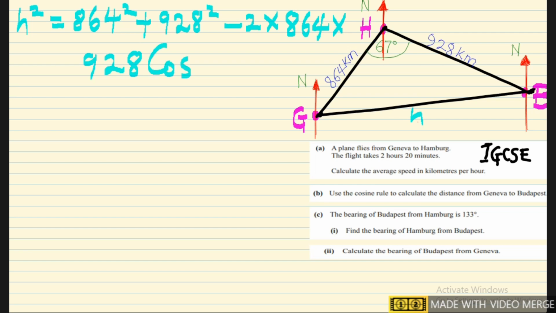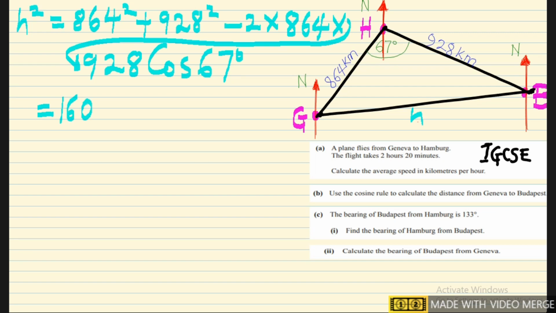cos 67 degrees. Please note that the one down here is just a continuation of what we have here. Taking the square of all these parts, 864 squared plus 928 squared, we have a very long number, 1607680.